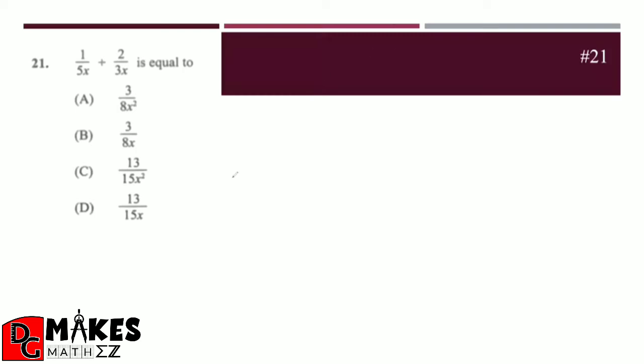Here we go. So we have 1 over 5x, I'm just going to rewrite here, plus 2 over 3x. What is our LCM? These fractions have different denominators, which means we need to make the denominators the same. So what can 5x and 3x go into?